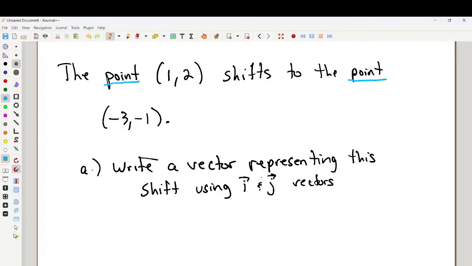So the point (1, 2) shifts to the point (-3, -1). Write a vector representing this shift using i and j vectors. Would it be -2, comma 1? Well, -2i, comma 1j. Yeah, how did you get it? Oh, I just added the two x's and added the two y's, and I put the i with the x. You ever heard of the phrase rise over run? Yeah. So you did it.